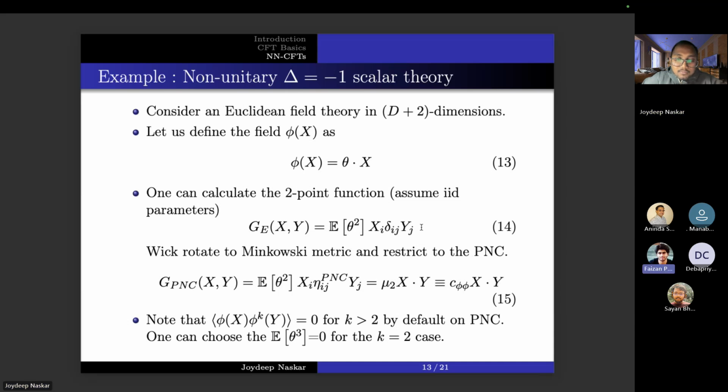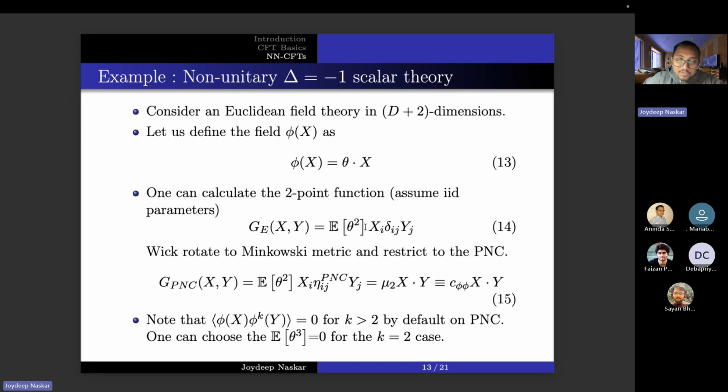Okay. So you compute your 2-point function just like this. Now I skipped the 1-point function. If you just want to compute the 1-point function, then anything that is odd in x, the expectation value of some odd number will make it 0.